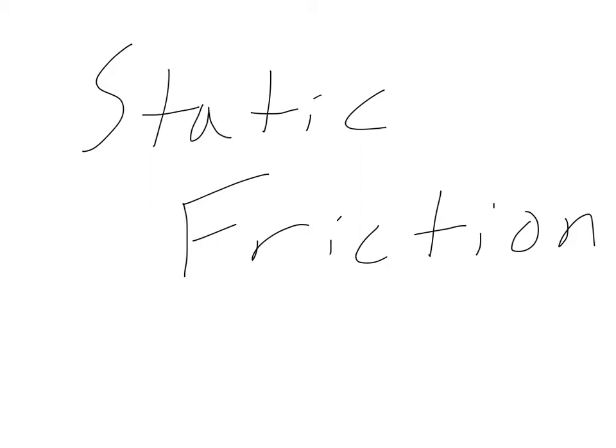It's like stationary electric charge, as opposed to regular electricity, which is moving through wires. Static electricity is charge that's stuck to a rubber balloon or something like that. So static friction is friction that keeps things from moving.